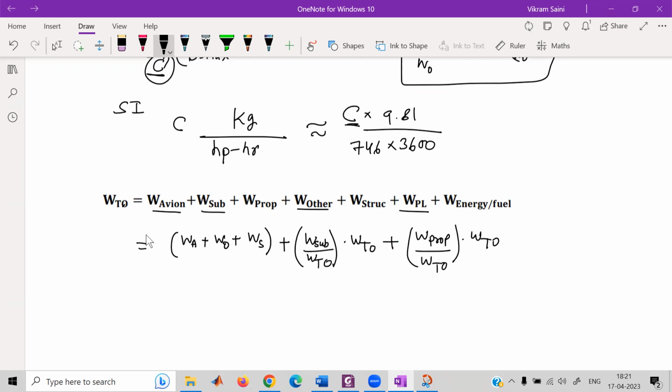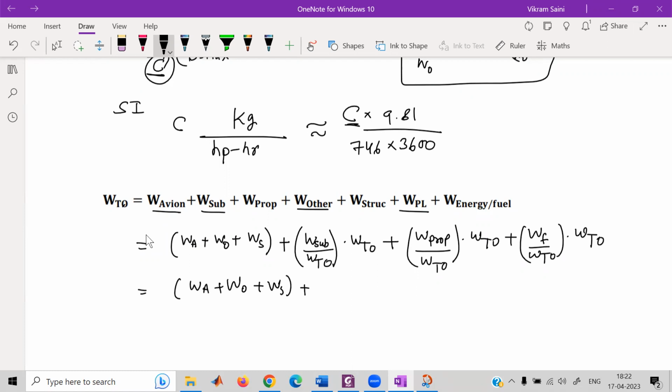So what you know is this fraction, not the WTO. That's why we are able to do this. Similarly, we have been able to compute the fuel fraction, and we can multiply this with WTO. Now you can take WTO as common and keep the WA. Now you got it, right?